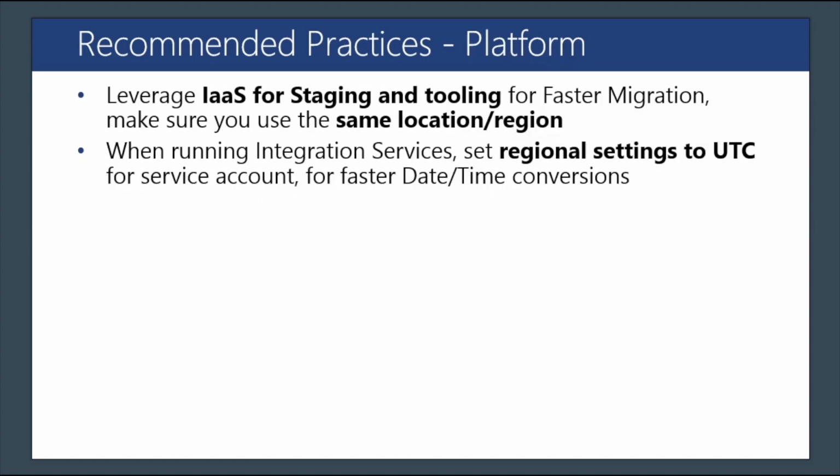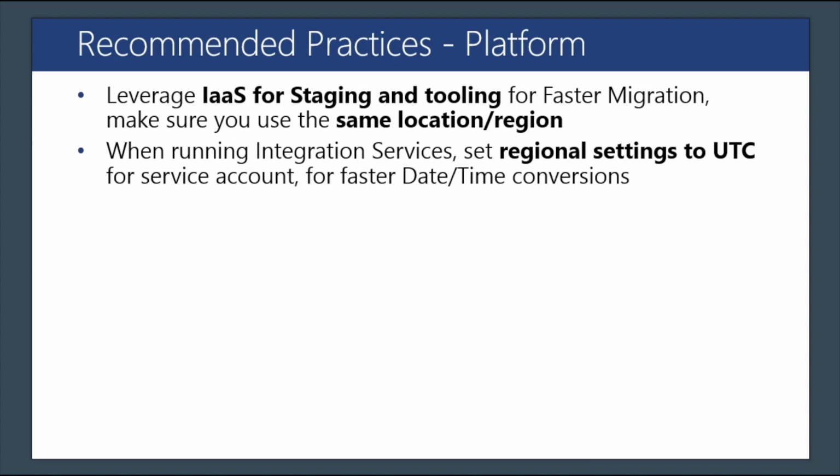On the platform side, I mentioned earlier when we were talking about the design of the system, generally we've been recommending and talking with customers to leverage infrastructure as a service, so IaaS, for staging and tooling. So say you've got an Azure virtual machine or an Azure service running in the same location or region, or Microsoft data center, let's call it that, to do that migration job.